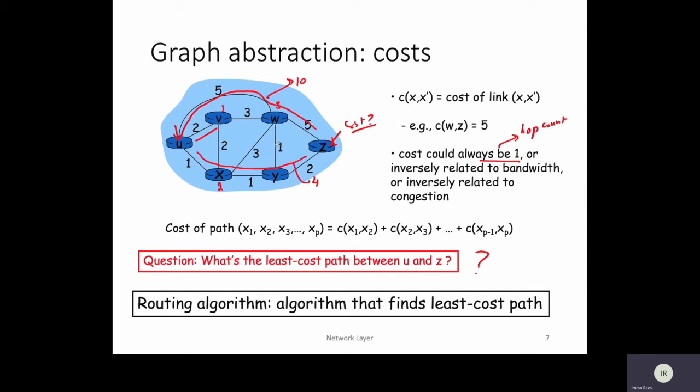So obviously this cost is 8. Again, it's greater than the cost that we have calculated here, 4. So the least cost to reach from U to Z is 4, that is via its neighbor X. So if U has to forward data to Z, obviously you will forward it via X, because via X it has the least cost to reach the destination Z, right?